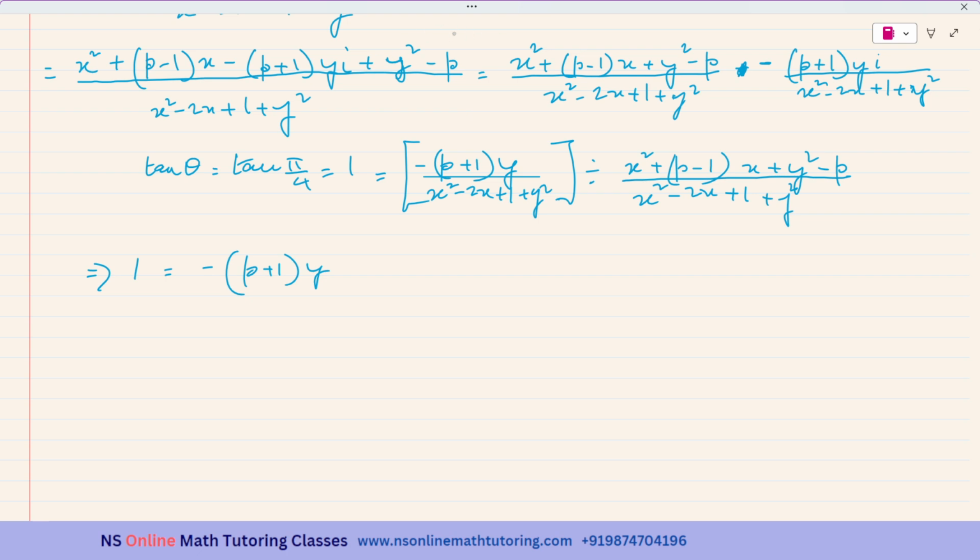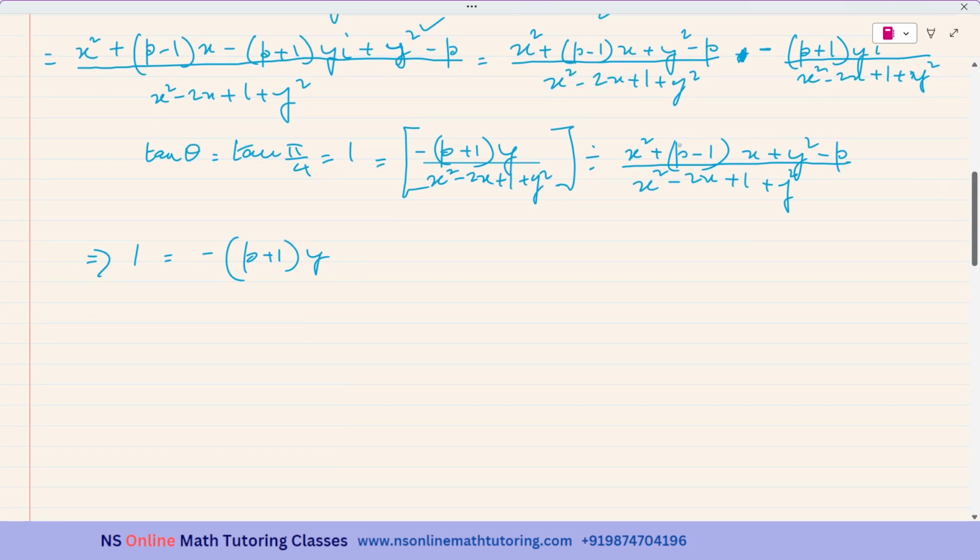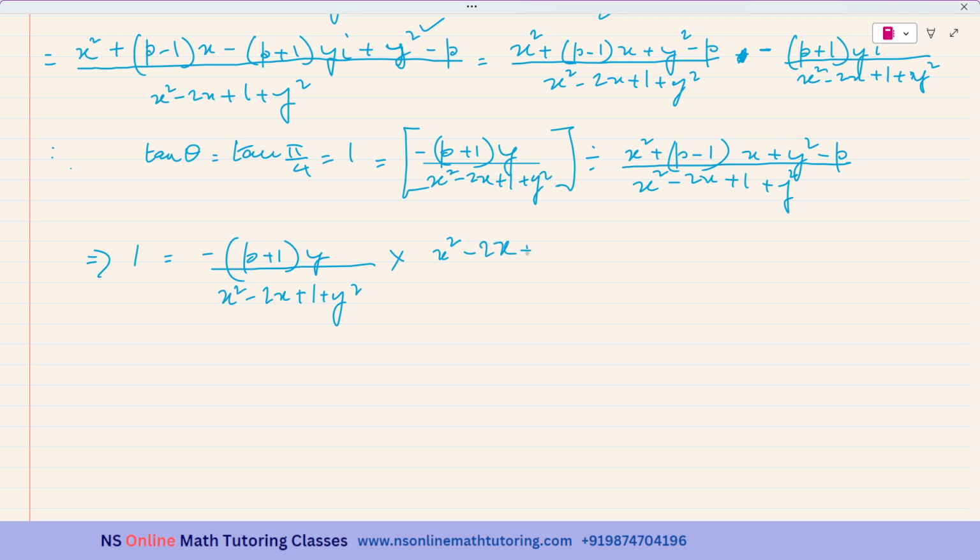Sometimes I am writing two steps in one line, like this one and this one, because otherwise I have to go more down. But it is obviously assumed that the students will be writing the equal to sign one below the other. Okay. So it is minus (p plus 1) i, x² minus 2x plus 1 plus y², multiplied by x² minus 2x plus 1 plus y², over x² plus (p minus 1)x plus y² minus p.